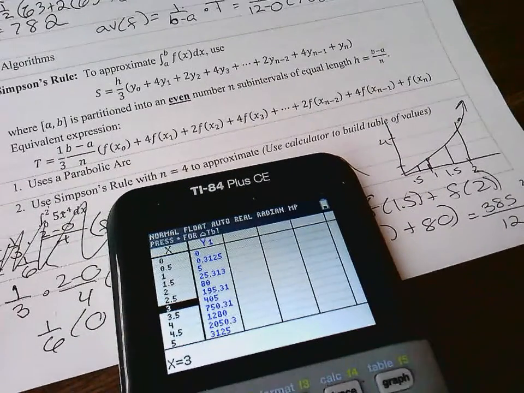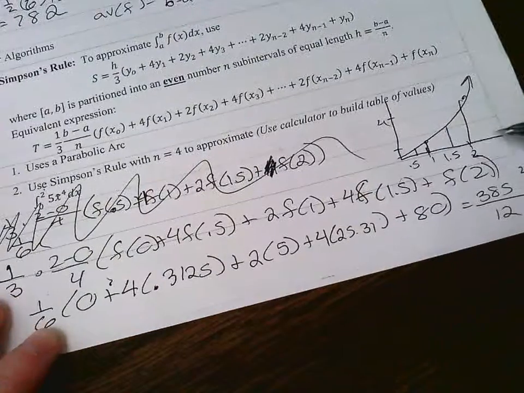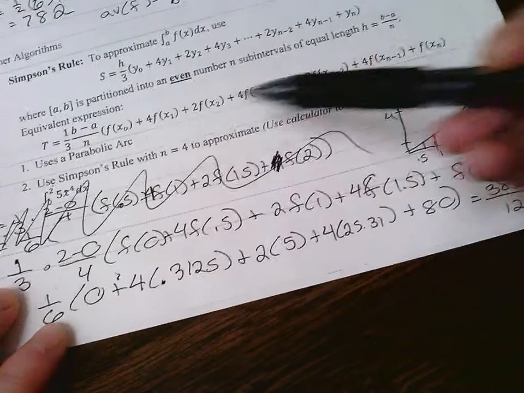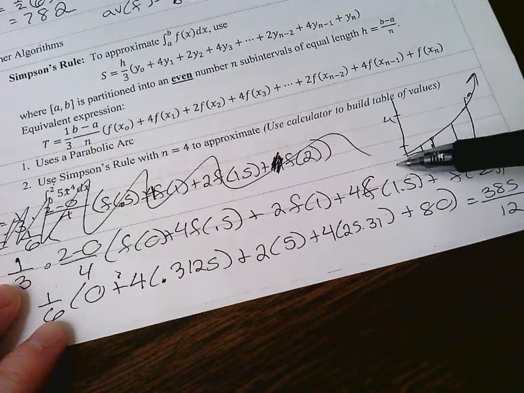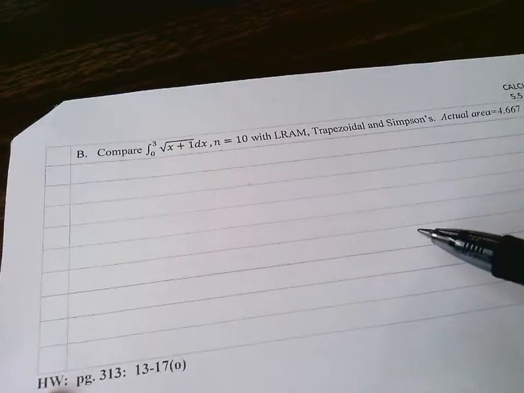The next one isn't going to be as easy as what we've been seeing. Before, we had 0 to 2, 2 units, and I could easily make that 4 intervals. If you did 2 divided by 4, you would get 0.5, so you go in a sequence of 0.5. For this one, we're going 0 to 3 and n equals 10.